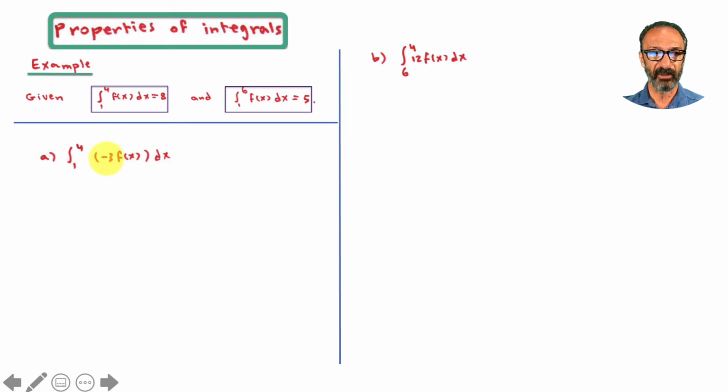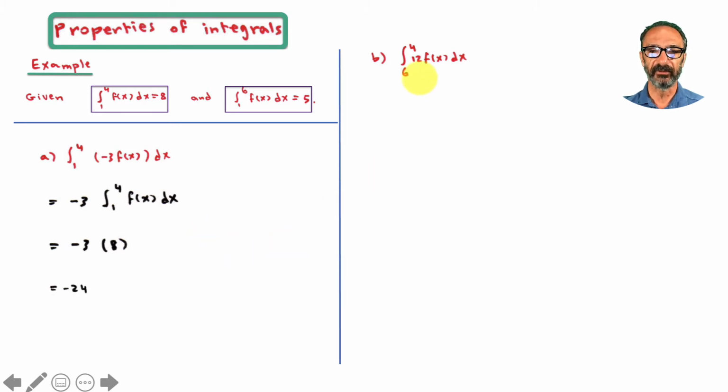I could take the minus 3 outside. That's part of the rules, the properties of integrals. And this is given to me because I don't know f of x, but I was told from 1 to 4, f of x will give me 8. So that's negative 3 times 8, which is negative 24.